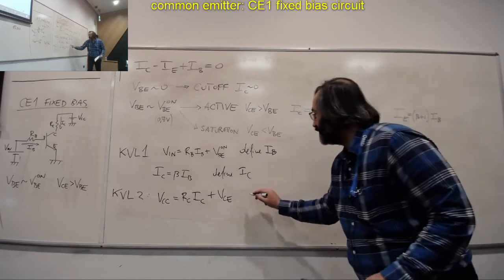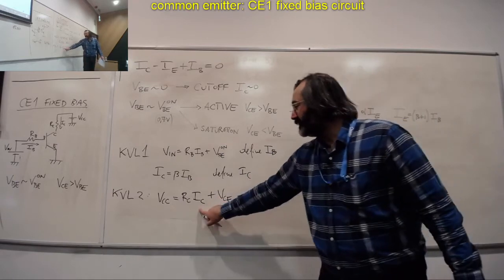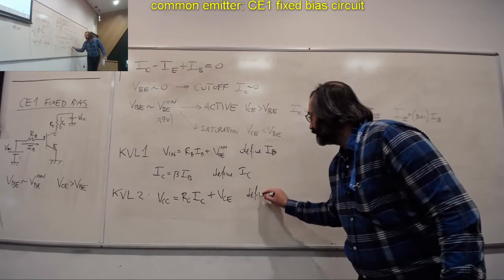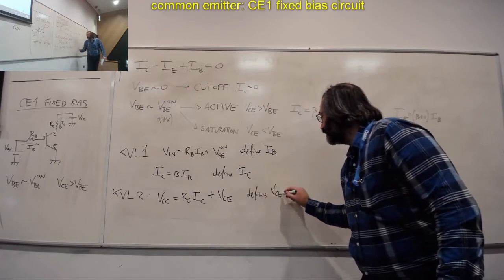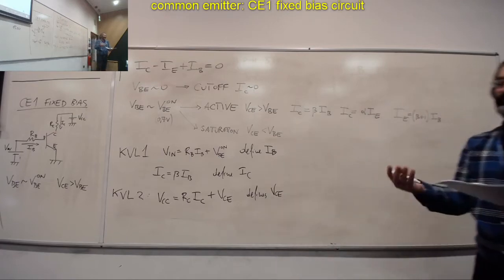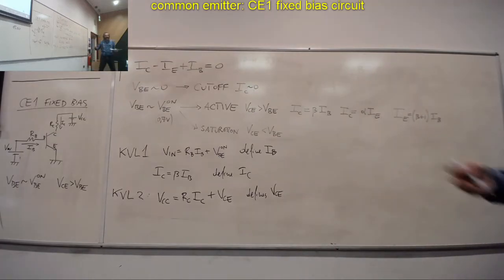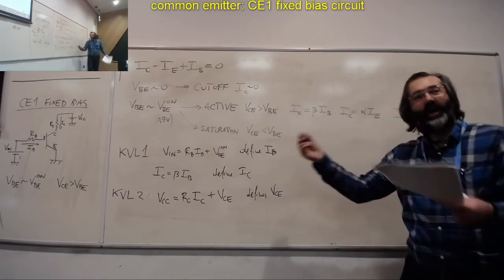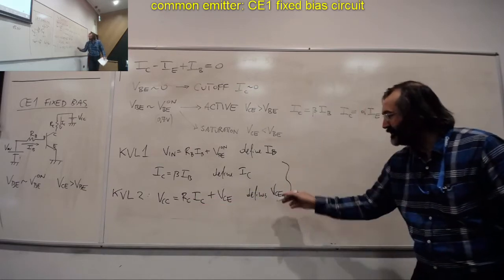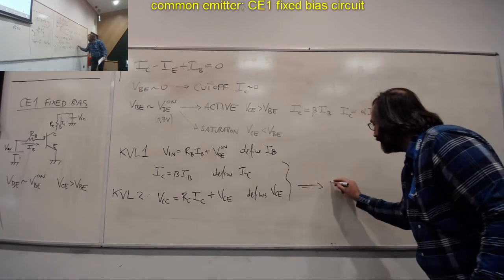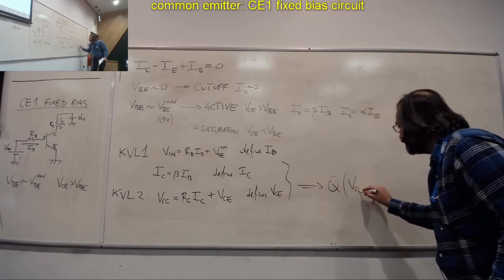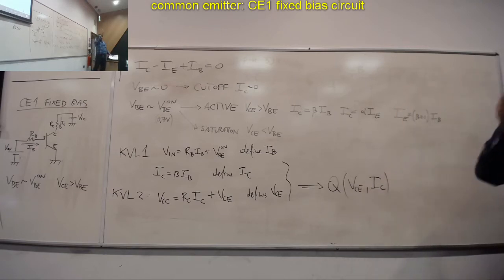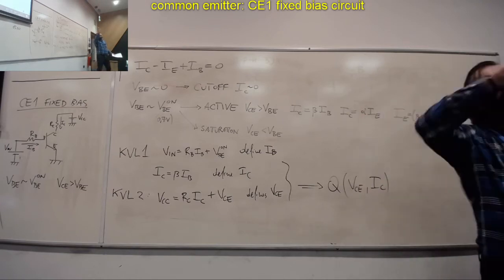And if I know IC and I know RC and everything else, this defines VC. I'm doing this in an arbitrary way, just to show you that these equations define, in one way or another, the quiescent point, that is VCE, IC. So it's a specific point on the IC-VCE characteristic of the transistor.